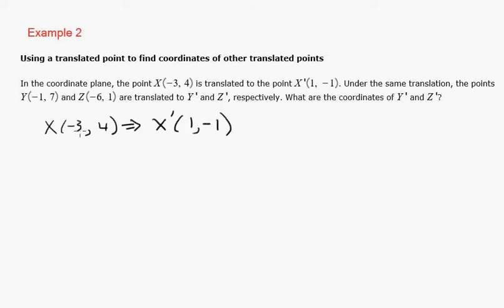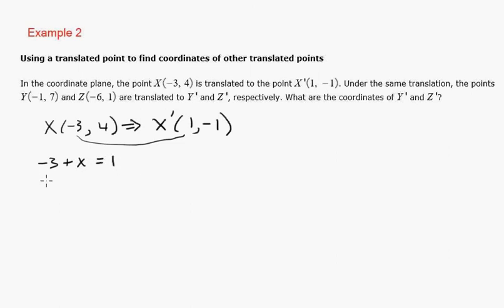Okay, so if you can see it, what do you have to do to -3 to get a 1? Well, you have to add 4. I'm pretty sure you add 4. And how do you take a 4 to a -1? Well, you have to subtract 5. So some people can see it. If you can't, do this. Just go -3 plus some number equals 1.